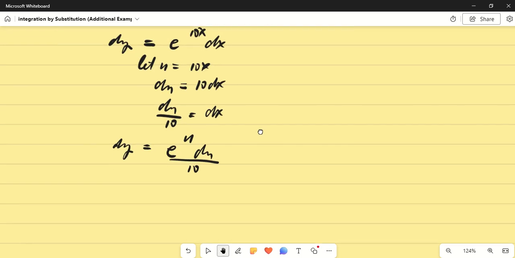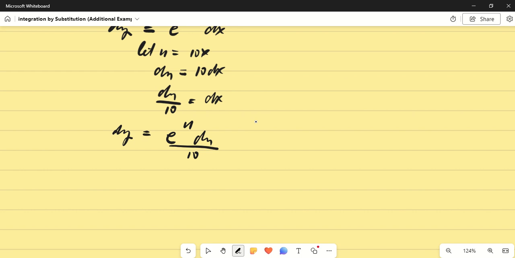Then after that, you take the integral of both sides. So we have here the integral of dy, and of course we have constant here 1 over 10. So you need to write 1 over 10 first before taking the integral of your e raised to u du.